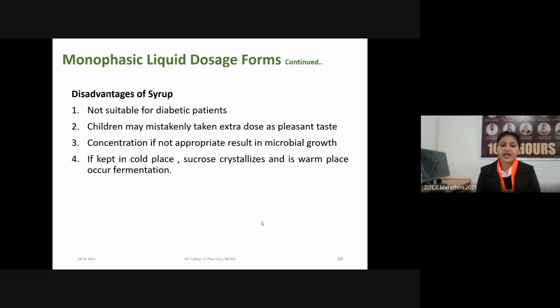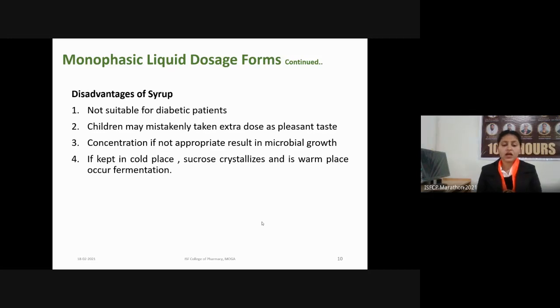If we do not maintain the concentration, for any reason, it may be the moisture present in the environment and we are not storing the syrup properly, so if by any condition the concentration of the syrup changes from 66.7%, it will not act as a self-preservative, and then there will be chances of microbial growth. So this is the third disadvantage of the syrup.